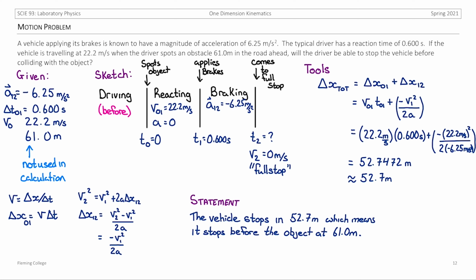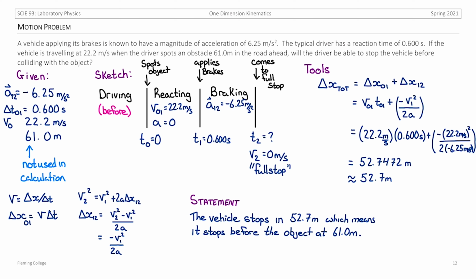Remember, it's not good enough to just say 52.7 meters, and it's also not acceptable to just say yes. You have to tell me why your numbers reinforce what you've discovered. And the other thing you can see here is that we've finally used that 61.0 meters. We used it to help us interpret our results.